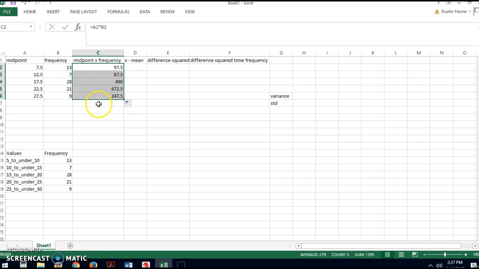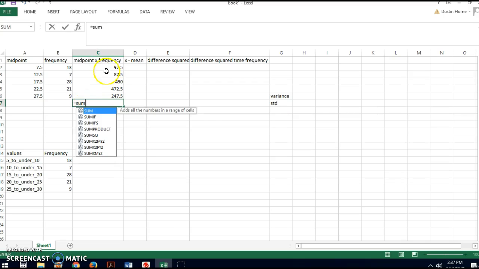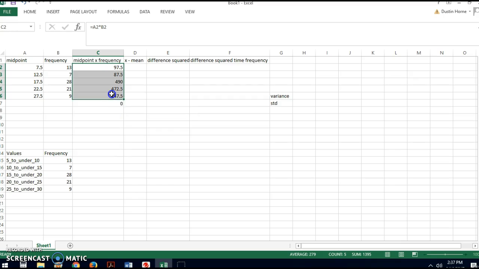Okay, so now that we have found that, we are going to find the mean. Okay, remember what you do is you add up your numbers and divide by the total. So we want the sum. If you were doing this by hand, you would add these up with your calculator. And of course, I messed that up. Let's see if I can go back.